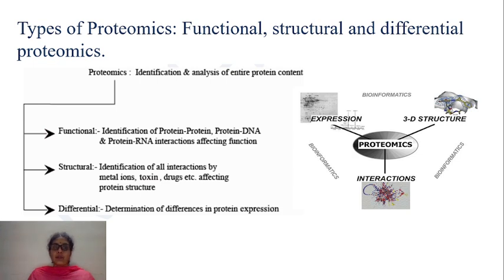Functional proteomics is the identification of protein-protein interaction, protein-DNA and protein-RNA interaction, affecting the function. Structural proteomics is the identification of all interactions by metal ions, toxins, drugs, etc., affecting the protein structure. Differential proteomics is the determination of the differences in protein expression. So this is the overview of proteomics.